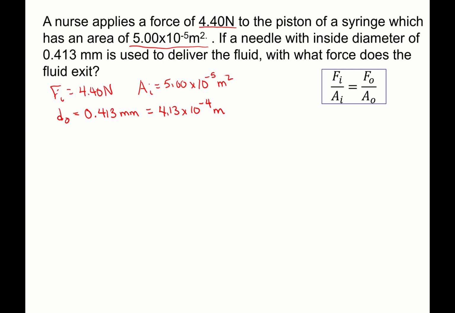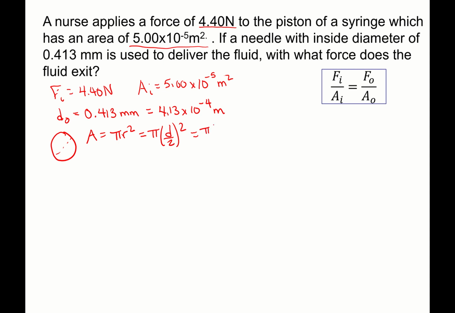And using that diameter, I can find the area of the output, because remember, for a circle, the area is pi r squared. So that's pi times the diameter over 2 squared. Right? And this is an equation that I'll expect you to know. I will not give it to you on the test. It's sort of basic geometry, which you should know from high school.